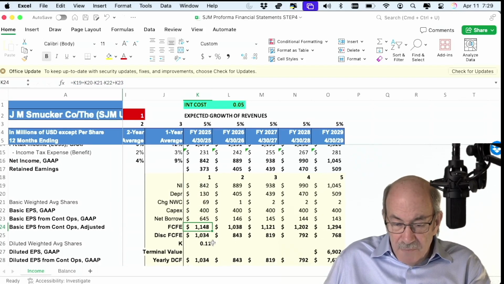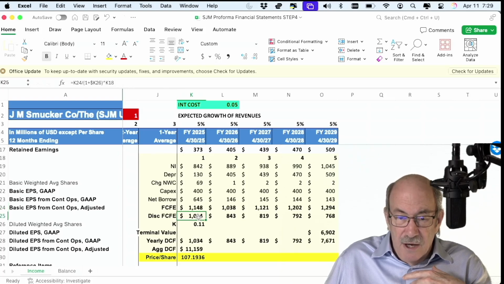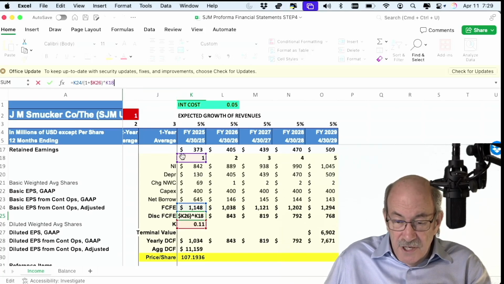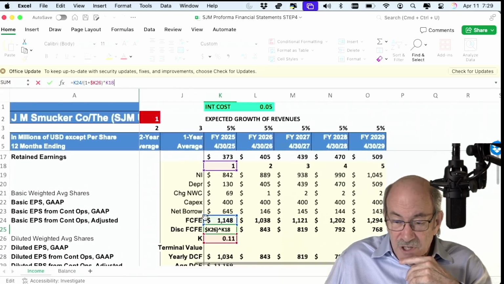I've got two more steps, and we're just about there. Now I've got free cash flow in nominal terms, but I want to get it in present value terms. So this next row down, all I'm doing is discounting it back the appropriate number of periods. And again, I'm using cell references here. So I take my free cash flow, 1148, and I'm discounting it. There's my K right down here in cell K25. And I'm discounting it for one period. I've got my year counter up here in row 18.